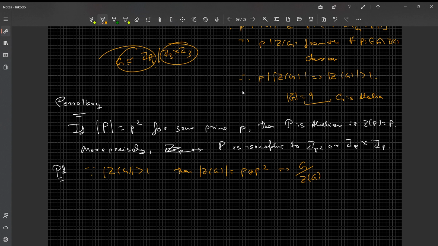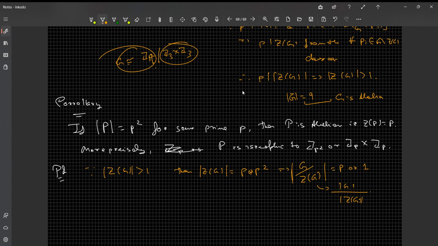Then what is the number of elements in G mod Z(G)? It's either p or 1, right? Because G has order p squared. If the order of Z(G) is p, then the order of G mod Z(G) is p. If the order of Z(G) is p squared, then the order of G mod Z(G) is 1. Because the order of G mod Z(G) is nothing but the order of G divided by the order of Z(G). Clear?